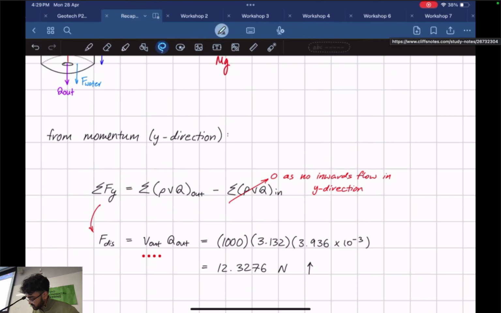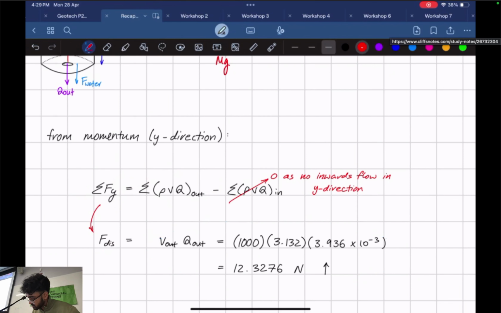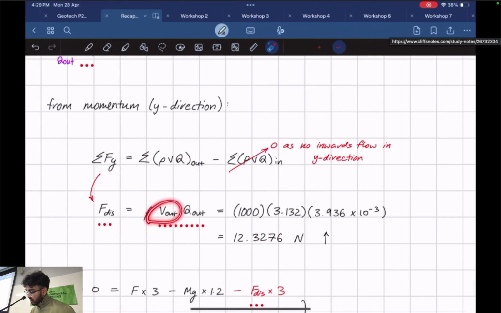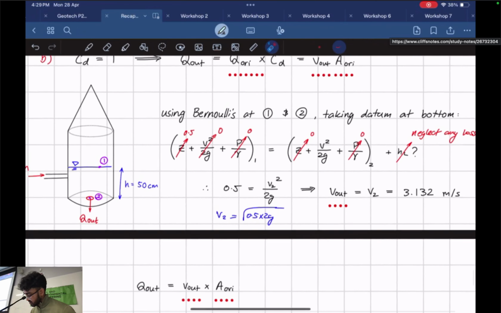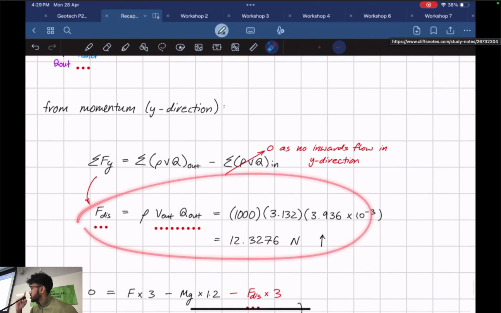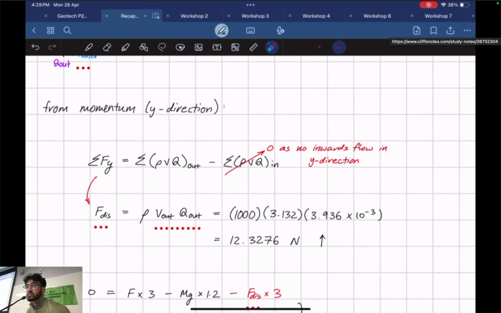I forgot to multiply by density, there it is. Q outwards we found earlier, and V outwards we found even earlier, over here. So we just sub that in and we can find the discharge force: 12.3276 something newtons upwards. Okay?